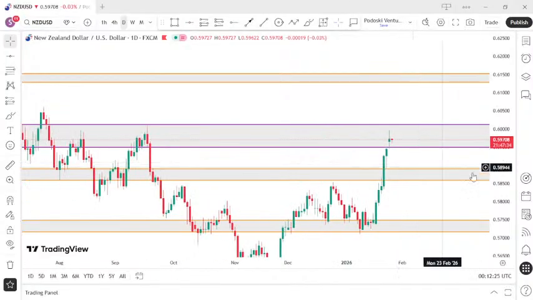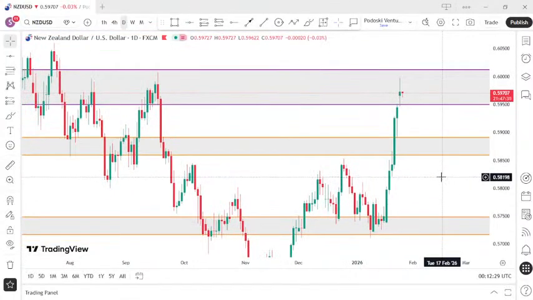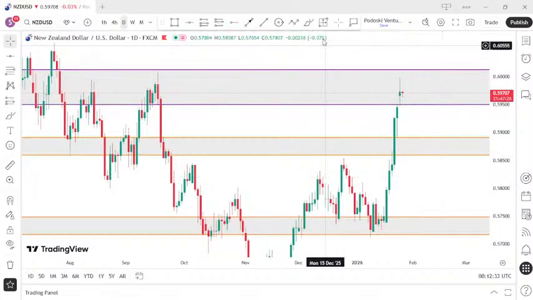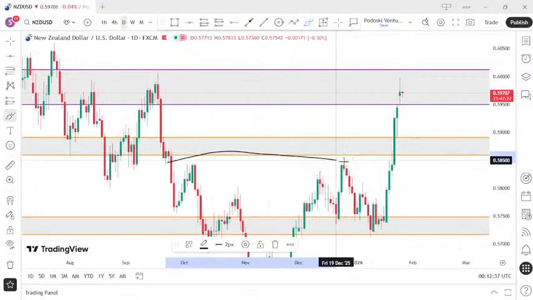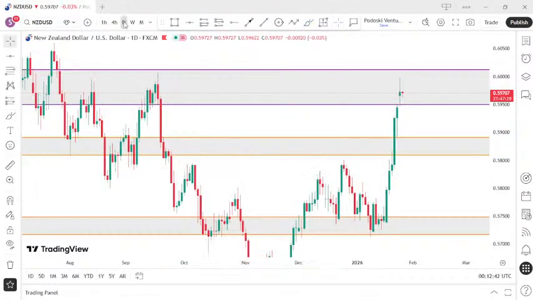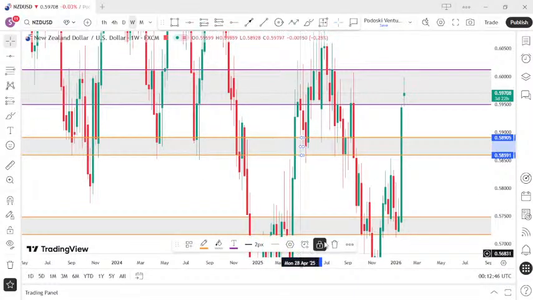Okay, so on the daily time frame, we've already marked all the zones on the weekly. So what I'll do is, here was a resistance. Let me go back to the weekly chart again.